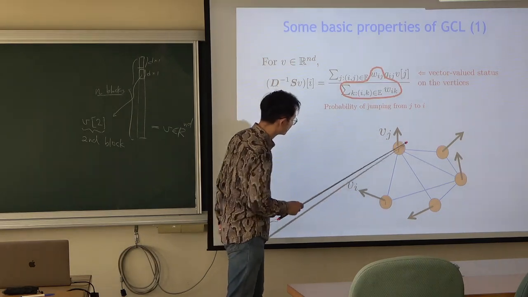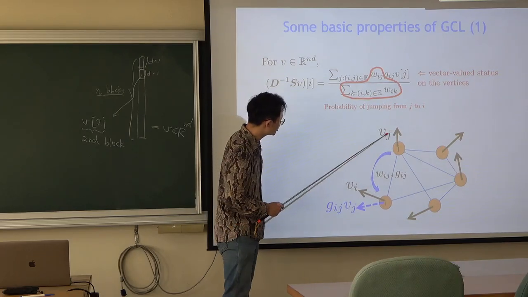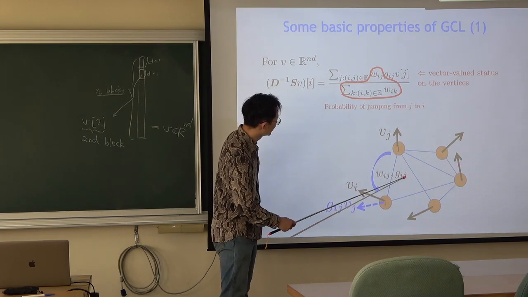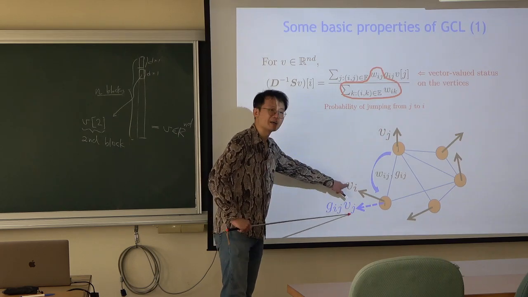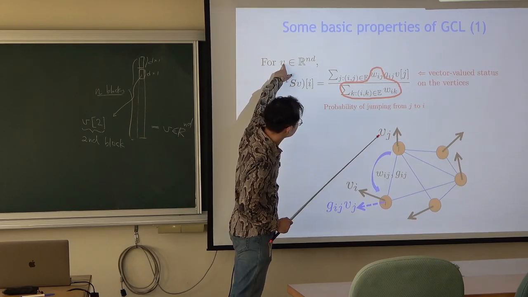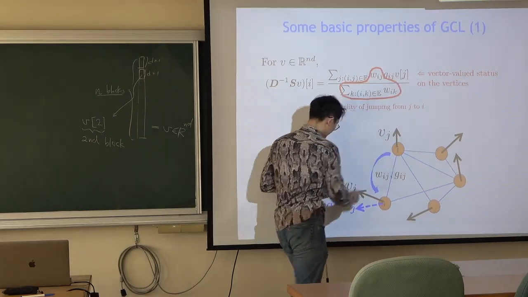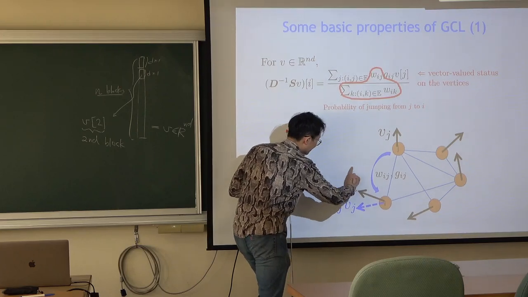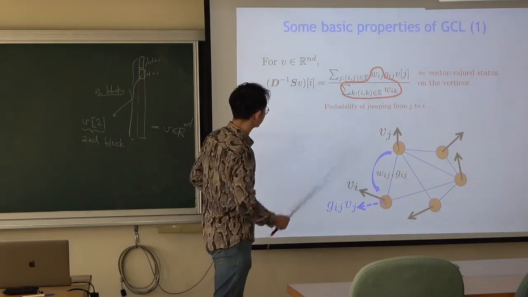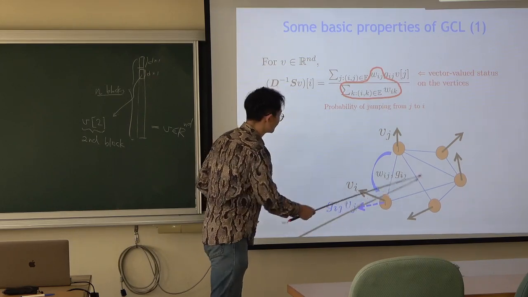When you want to compare Vj with Vi, you multiply Gij by Vj before you compare with Vi. Here the notation is a bit inconsistent. This Vj should be V bracket j, and this is V bracket i. Hopefully this is clear. This is what this equation is describing in this picture.